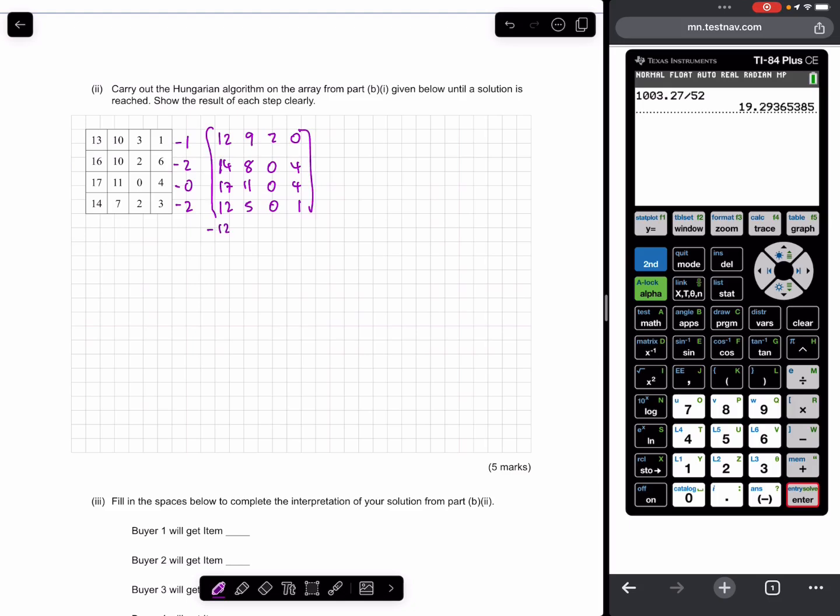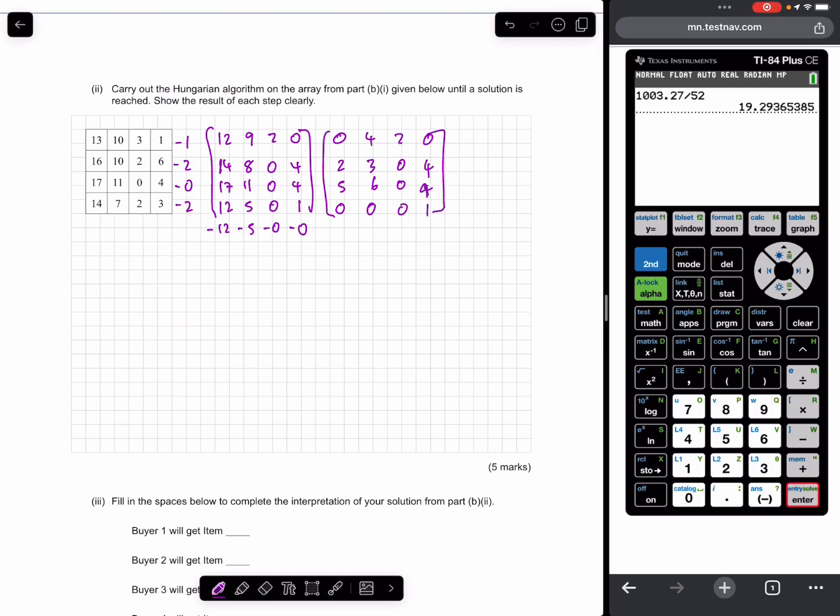Smallest number in the column is 12, smallest is 5, smallest is 0, smallest is 0. This gives 0, 2, 5, 0, 4, 3, 6, 0, 2, 0, 0, 0, 0, 4, 4, 1.